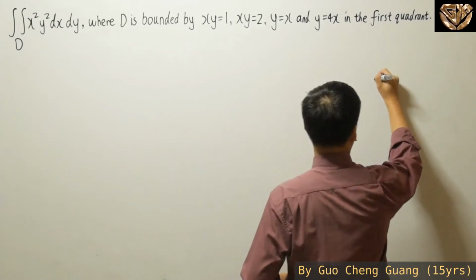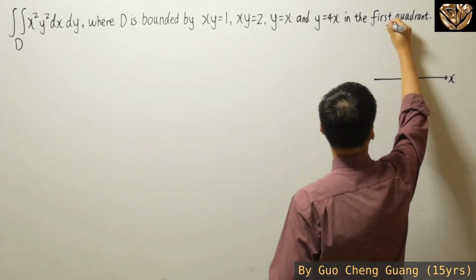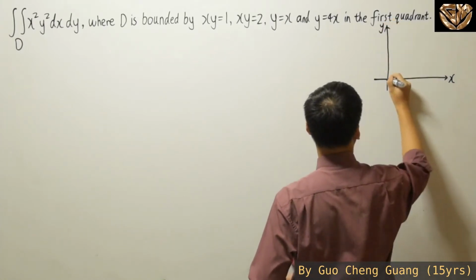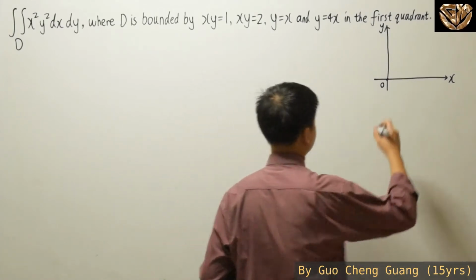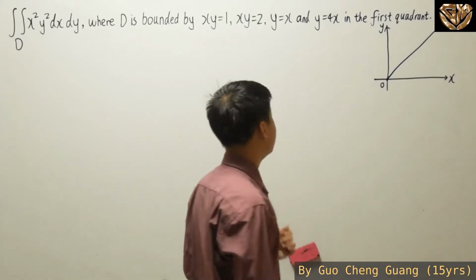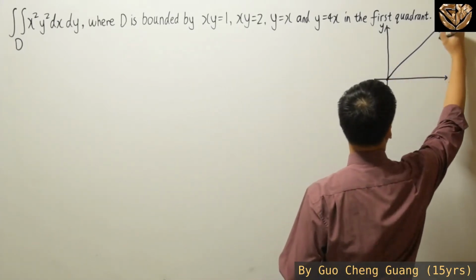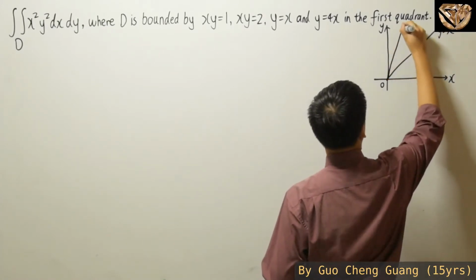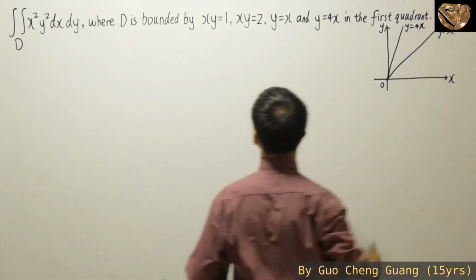In the first quadrant, we're just going to draw out what we have. So, y is equal to x, then y is equal to 4x.